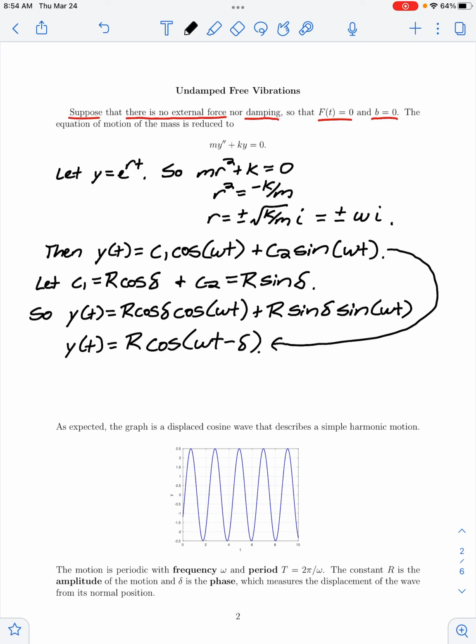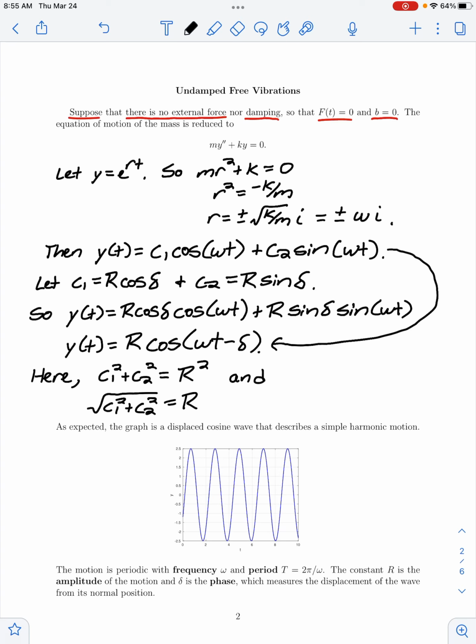So here, solving for R in terms of C1 and C2, we can see that if we were to sum C1 and C2 squared, we would get R squared. And so R would be the square root of the sum of C1 squared and C2 squared.